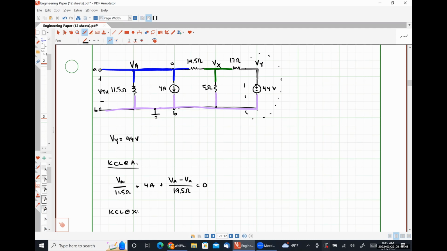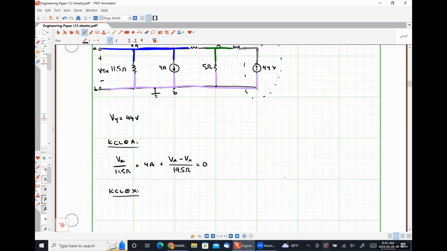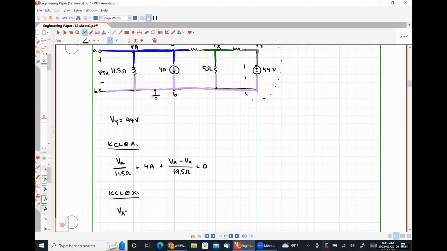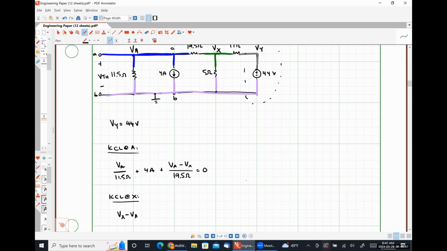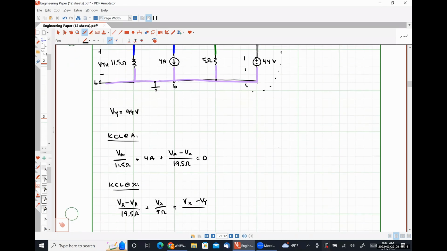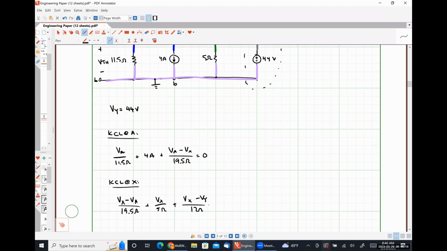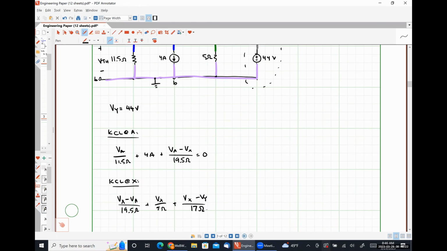KCL at X is going to look like (VX minus VA) over 19.5 plus VX over 5 plus (VX minus VY) over 17. That looks too much like a 12 to me. Is equal to 0. And now I'm just going to solve this system of 3 equations.